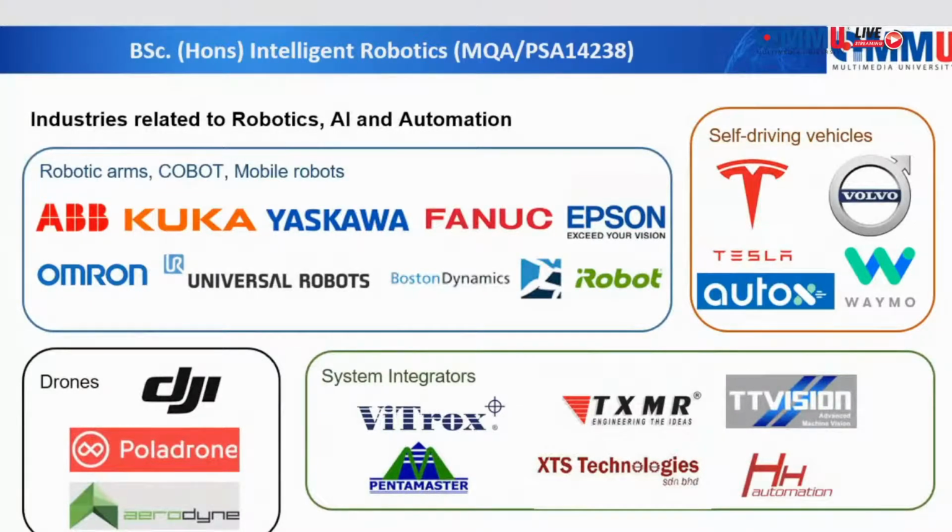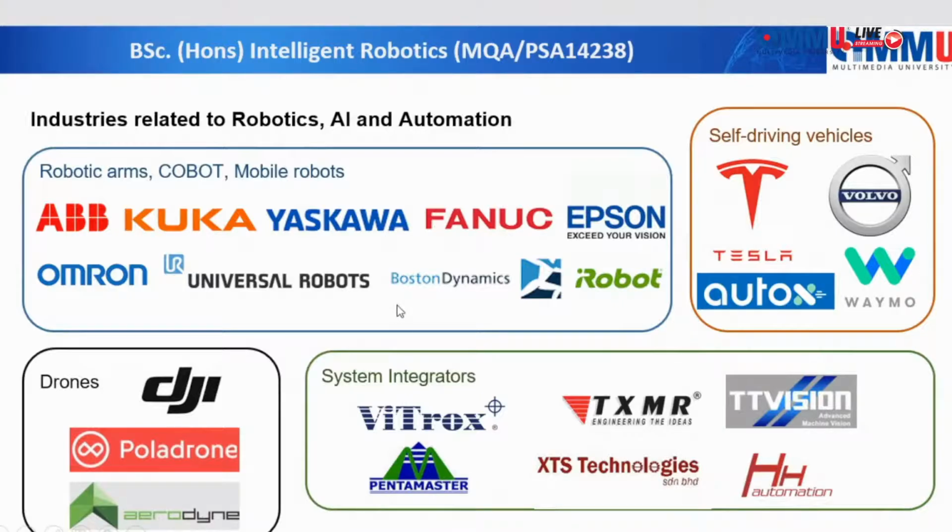There are many companies related to robotics, AI, and automation. For example, these are a few companies involved in the manufacturing or design of robotic arms, cobots, and mobile robots, like ABB, Fanuc, and Yaskawa. These are quite well known; if you look at the factories, many of the industrial robots are supplied by these companies.